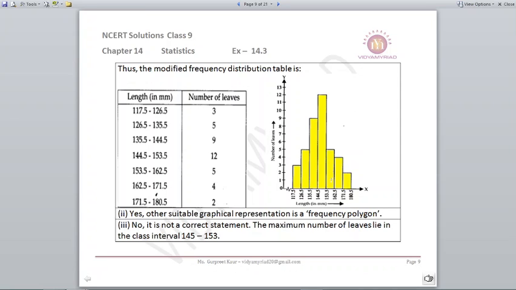We can easily make it continuous by subtracting 0.5 from the lower limit and adding 0.5 to the upper limit. By doing that, I have reframed my frequency distribution and made my graph. Whenever class intervals are not continuous, we try to make them so.